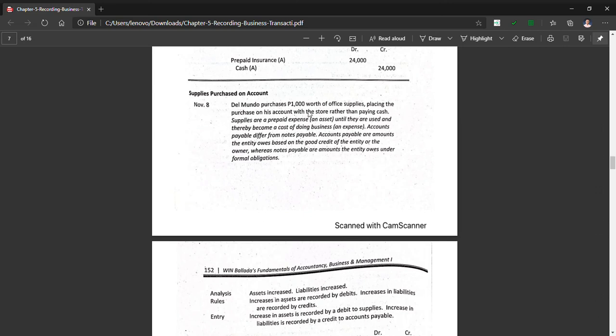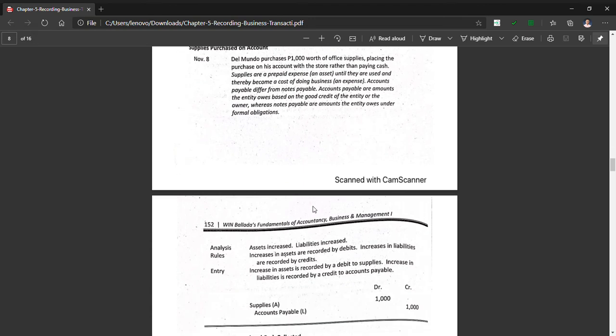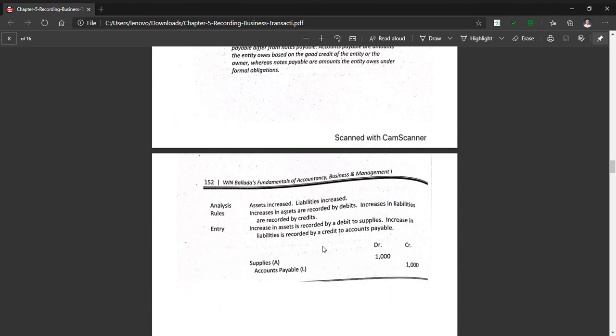So, dahil meron tayong biniling of 1,000 worth na office supplies, so, yung office supplies, that is our asset. Kahit magagamit naman natin ang supplies. So, nag-increase ang asset natin. Tapos, dahil on account, utang lang muna, tumaas ang liability natin. Utang nga eh. So, dahil nag-increase ang liability natin, okay, so, we debit supplies.